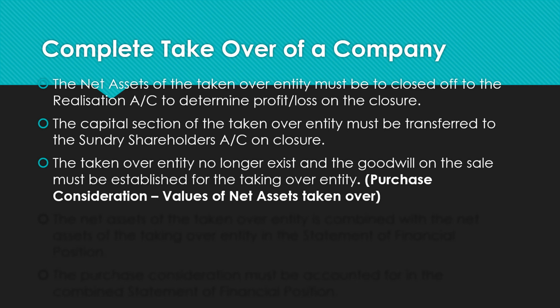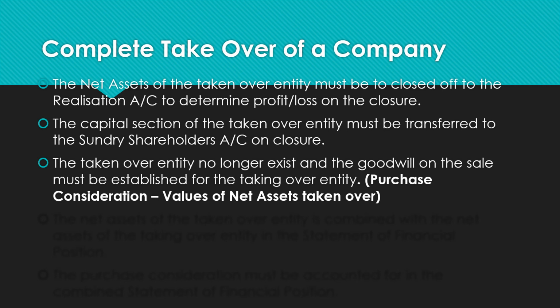So they usually give you a set of values and say, well, the business has taken over these net assets at this value. So you have to take that value and subtract it from the purchase price to get your goodwill.